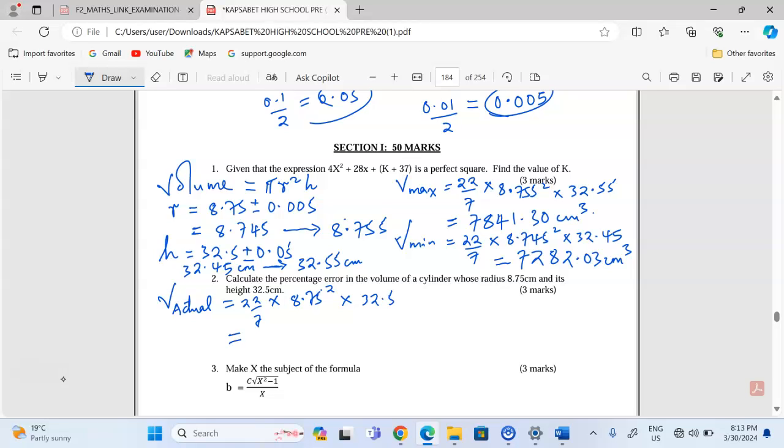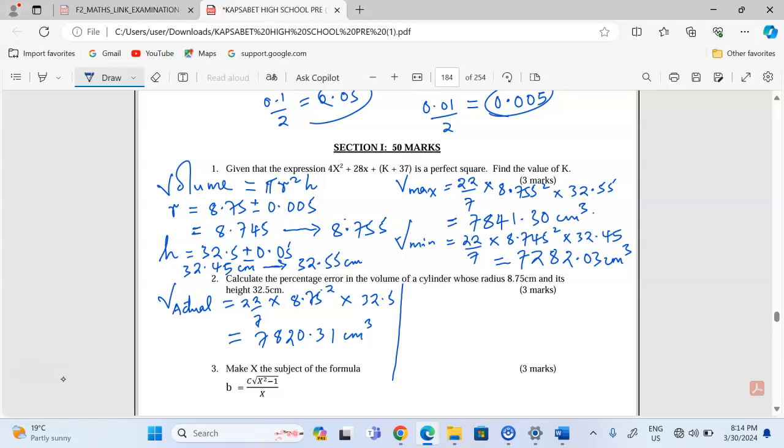So this is going to give us 22 multiplied by 8.75 squared multiplied by 32.5. Then we divide by 7. This is going to be 7820.31 cubic centimeters.